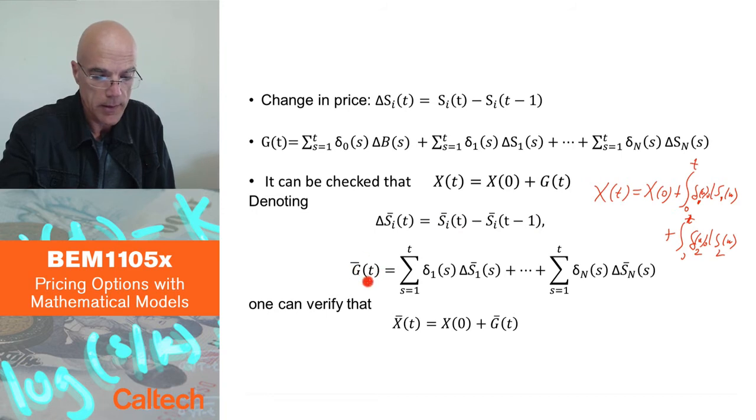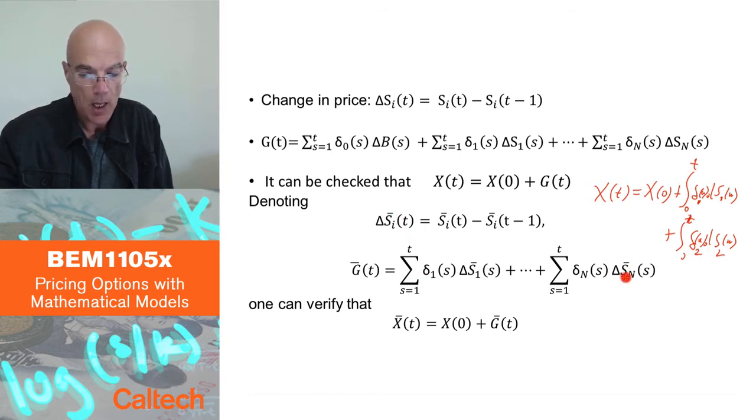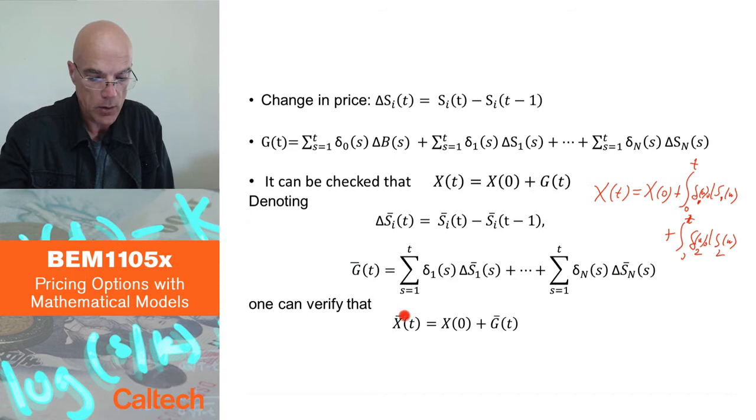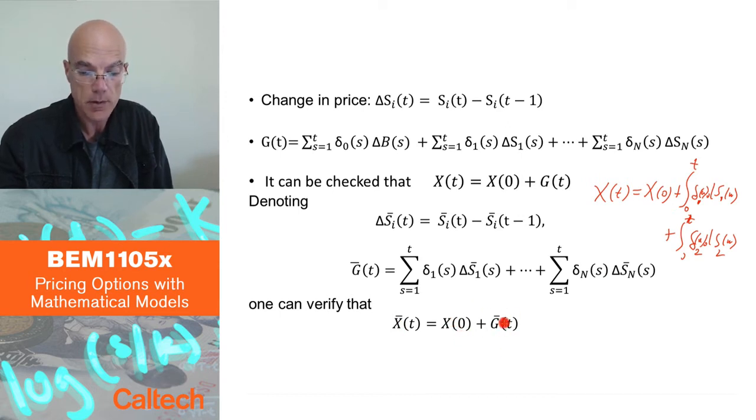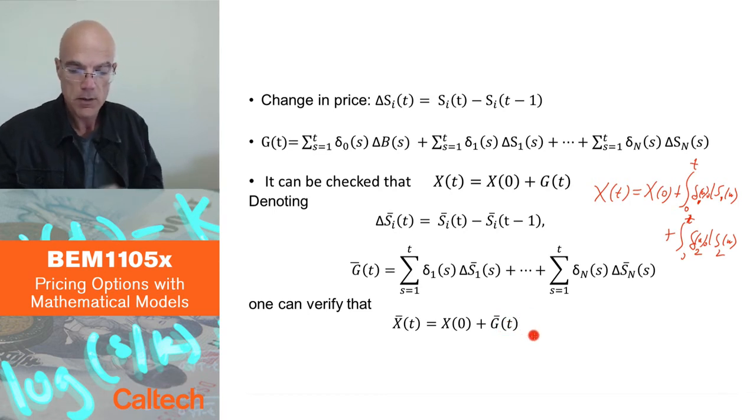So you define the discounted gains process as number of shares times this delta change in discounted price. And you can also check that if you discount the wealth process, it's going to be initial wealth plus discounted gains process. Okay? This may not be that obvious, actually, but let's go to the next slide.